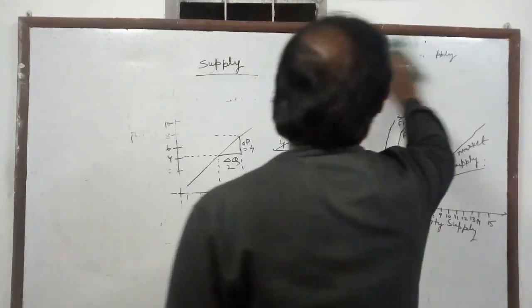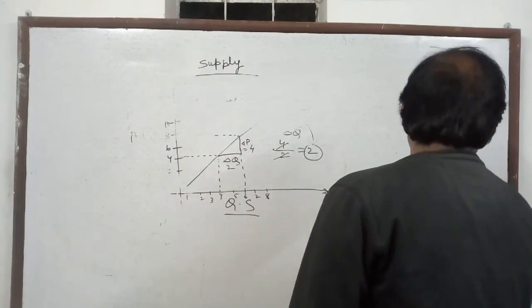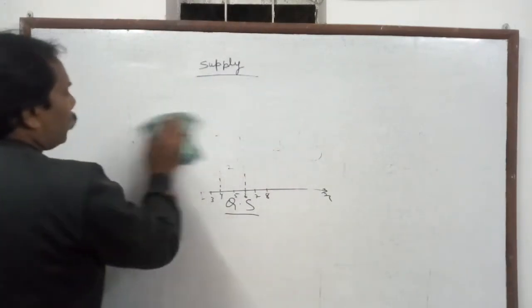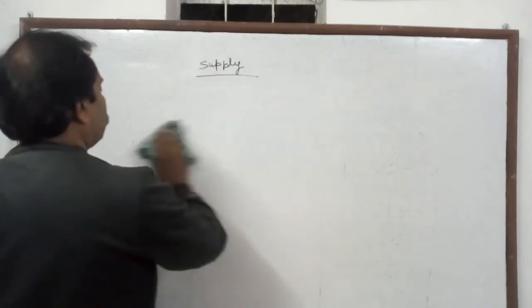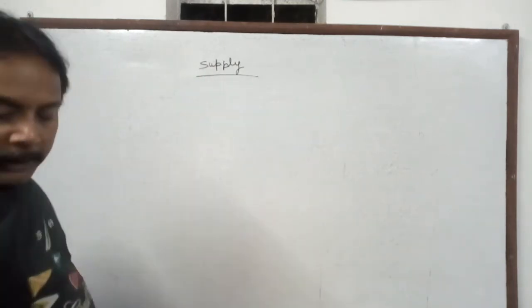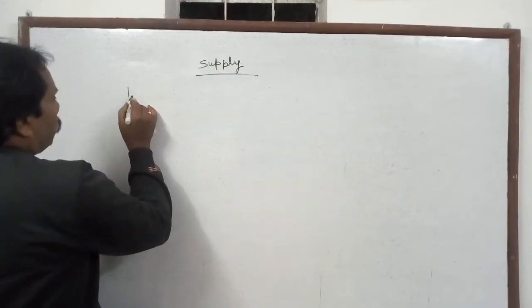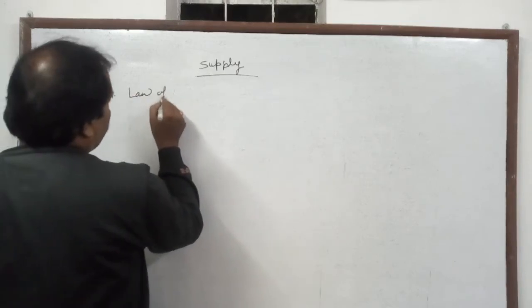So the law of supply states that as the price increases, the supply will also increase because there is a positive relation between price and quantity supplied. So first, law of supply.